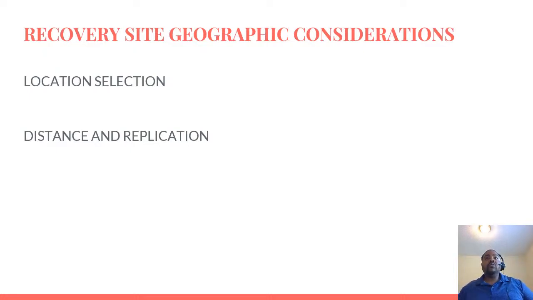You want your physical building that's going to be an alternate data center to not be in the same location or the same vicinity as your regular data center. It defeats the purpose.